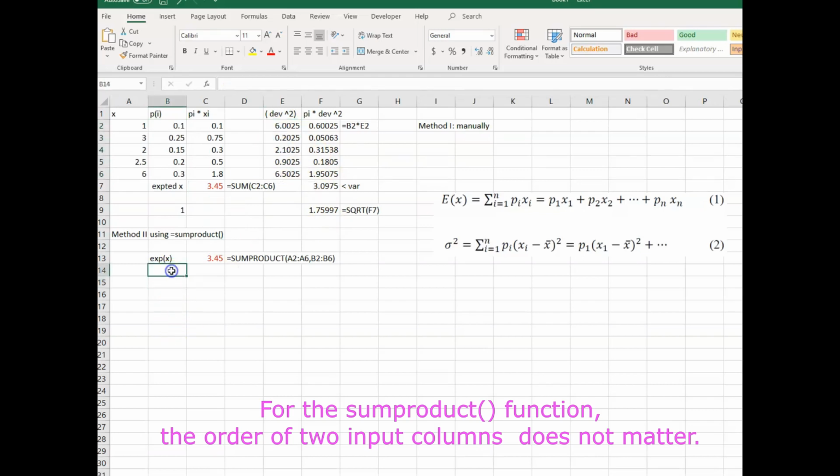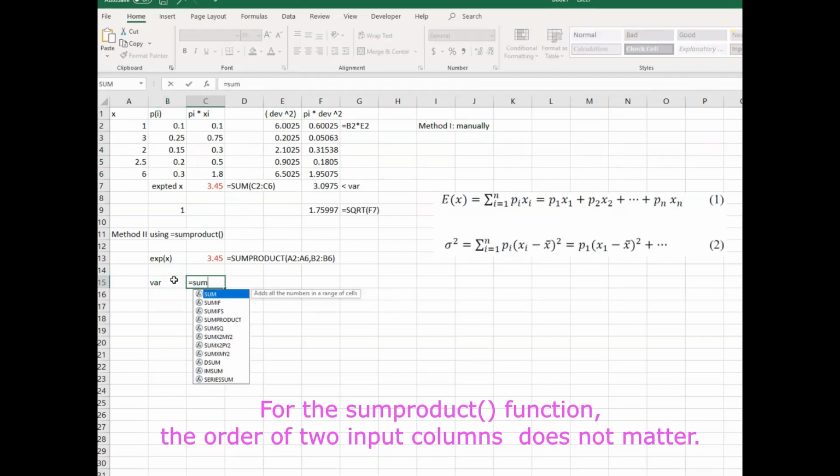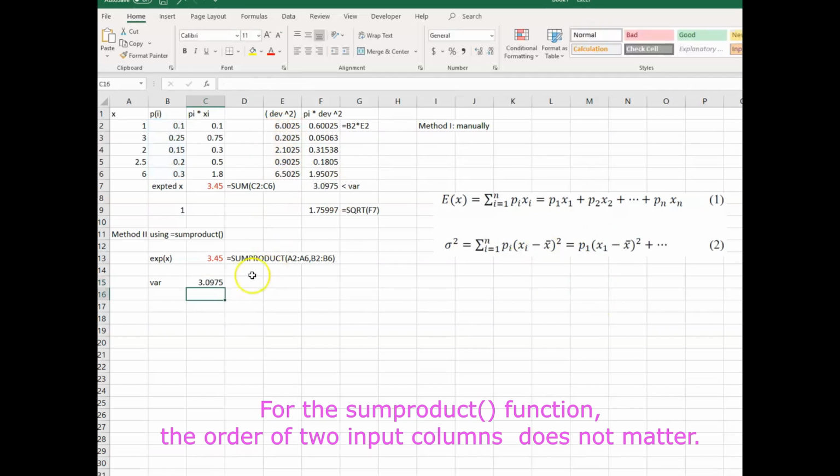So let's calculate the variance. The variance will be sumproduct. So sumproduct of the probability, comma, and the deviation squared. We close it. Then we get the same variance.